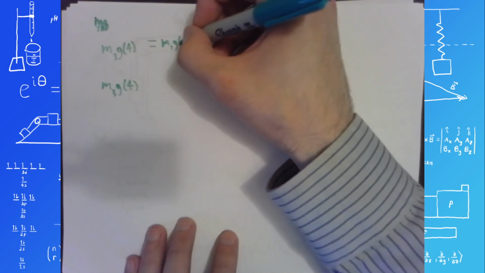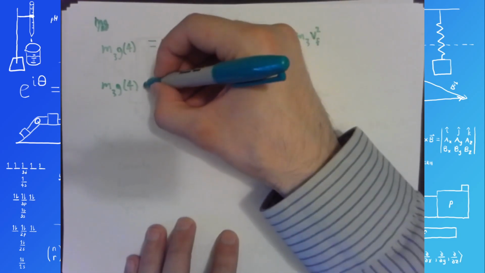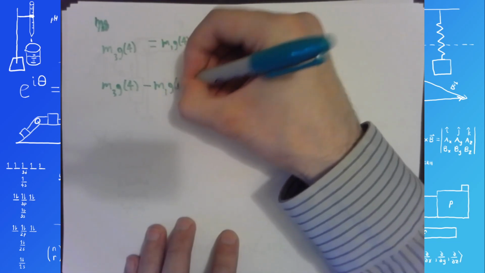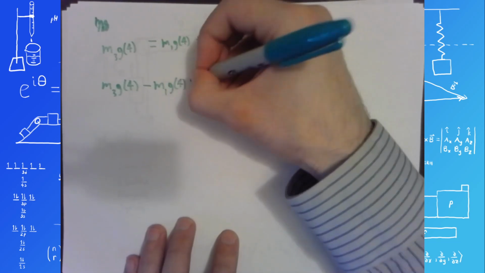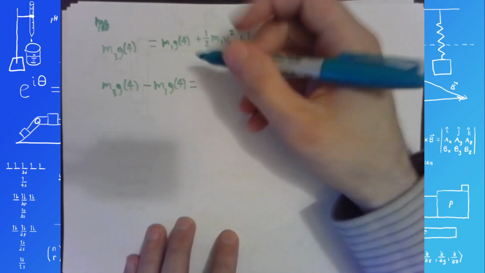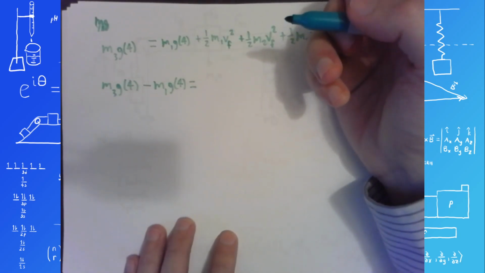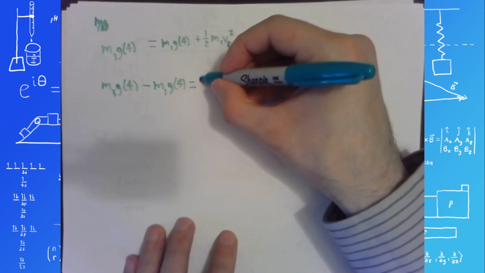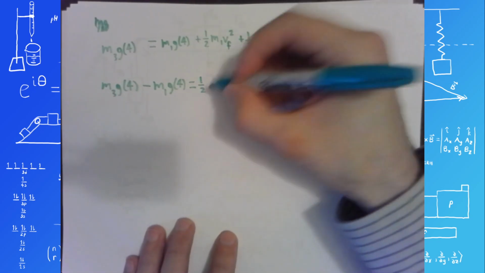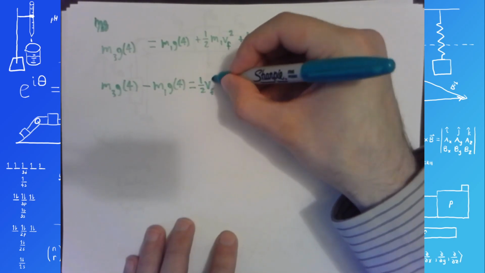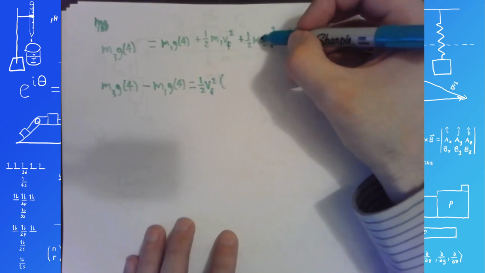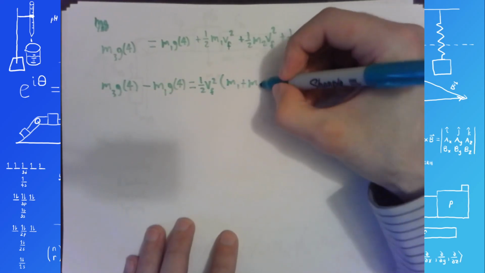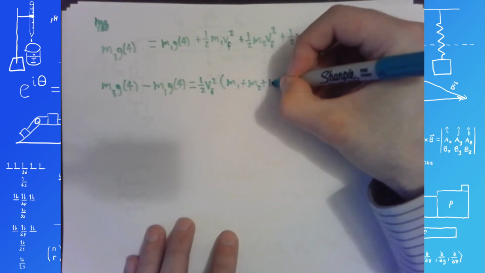And I'm also going to subtract m1g times 4 on both sides, might as well. So we have, I can factor out the 1/2 and the v final squared, and I'm left with m1 plus m2 plus m3.